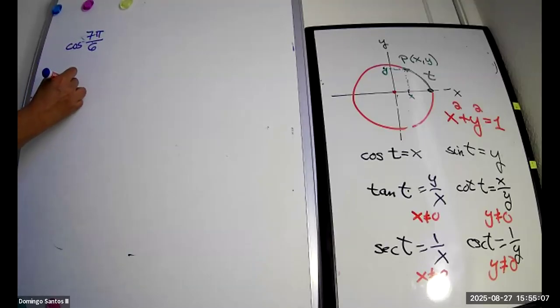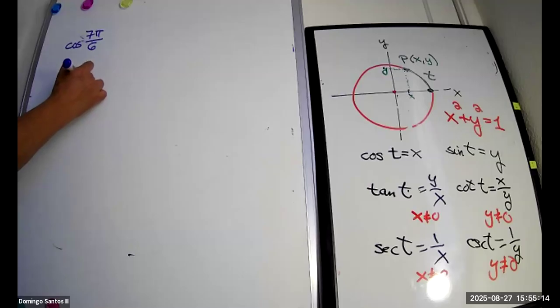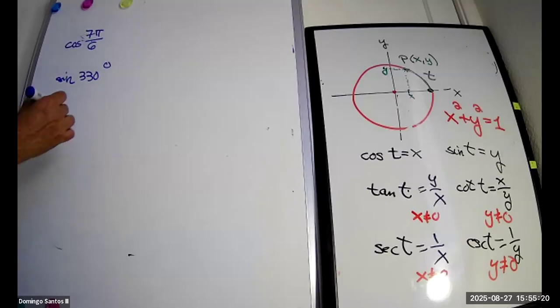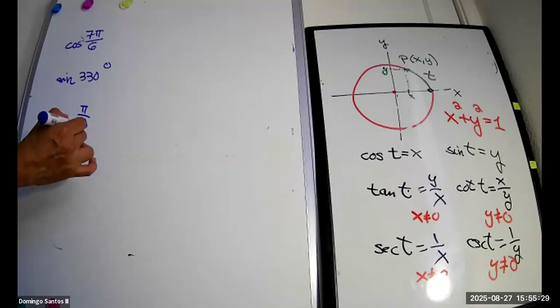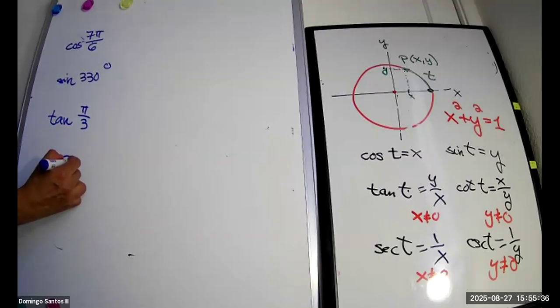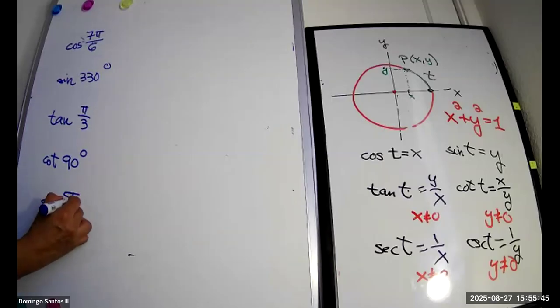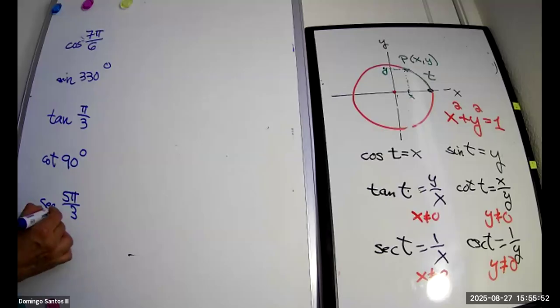Then the sine of 330 degrees, tangent of pi over 3, cotangent of pi over 2, 90 degrees, secant of 5 pi over 3, and cosecant of 3 pi over 4.